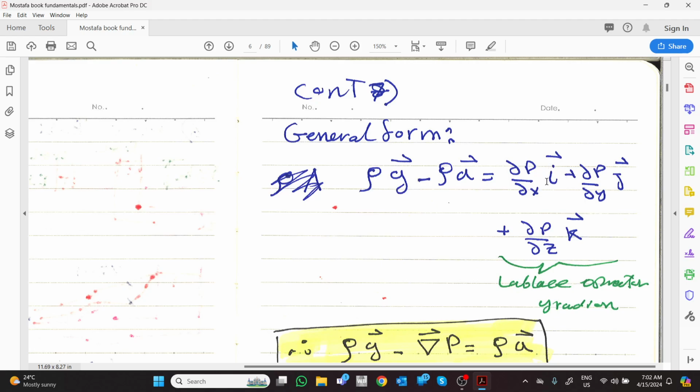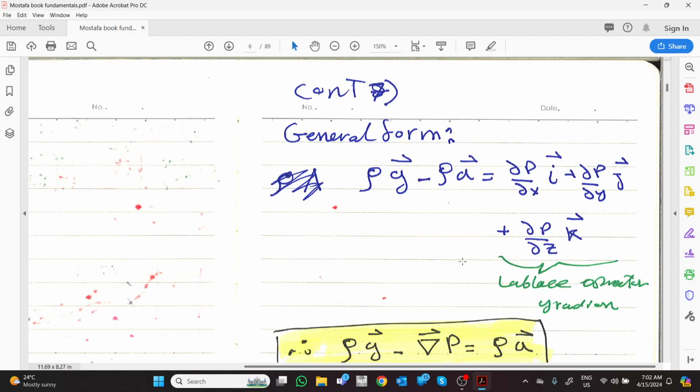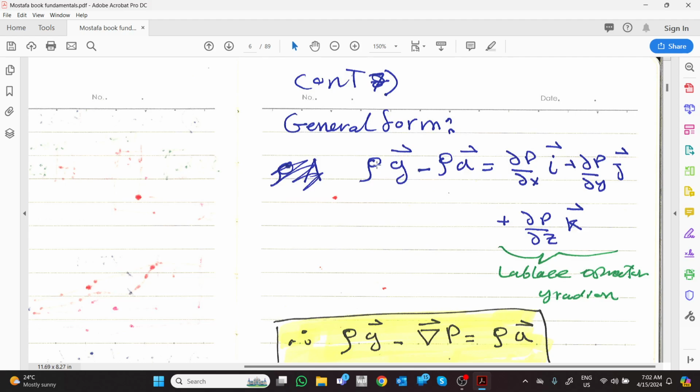the unit axes i, j, k. Of course the minus can go here, it is not a big deal. Okay, so rho g minus rho a, with respect to vectors, is equal to the rate of change in x in the i axis, which is the x axis, and the rate of change in y in the j axis, which is the y axis, and k.